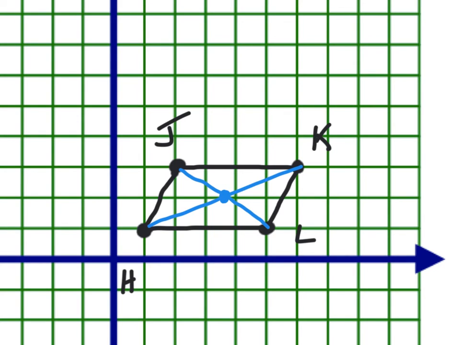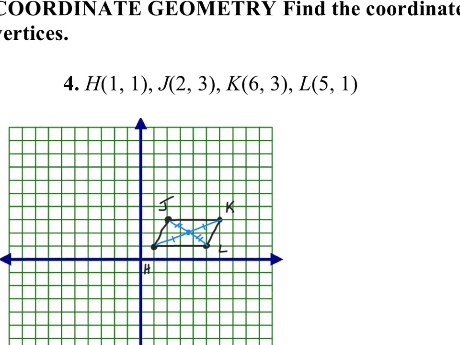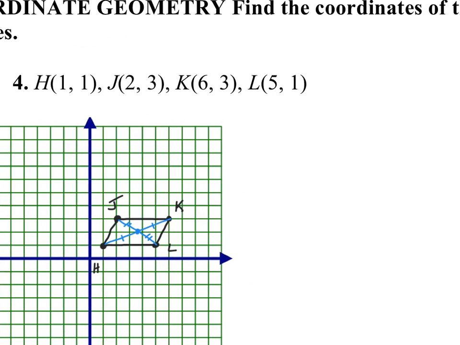However, because this is a parallelogram, I know that my diagonals bisect each other, meaning they cut each other in half. So what I can do is I can just find the midpoint of either HK or JL, it doesn't matter, but I'm just going to go ahead and do that. So I'm going to do the midpoint of HK, okay?